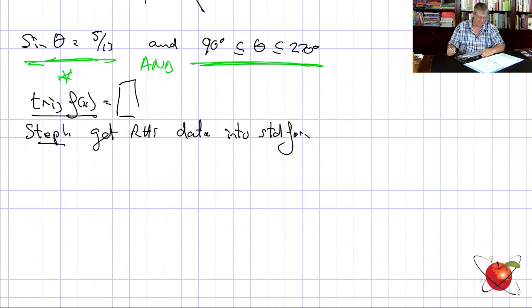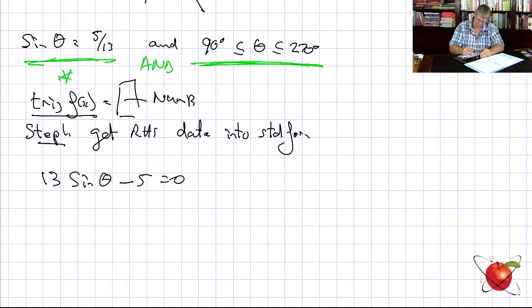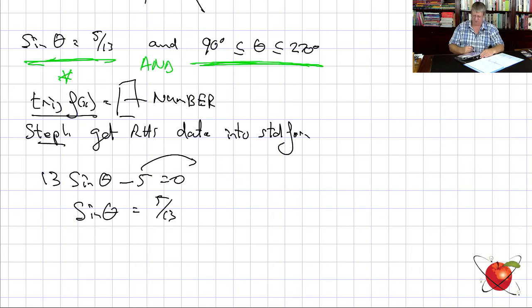Let's say we had 13 sine theta minus 5 equals 0. That is not a trig function equals a number. I have to only have sine, cos, or tan here. So I must get everything to the other side so that sine theta is equal to, the 5 goes across, and then I divide by 13, 5 over 13. So get it into that form.